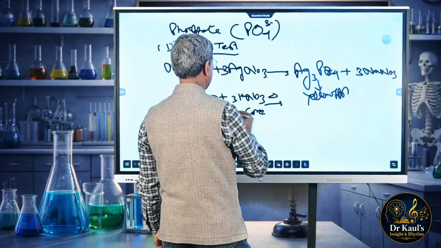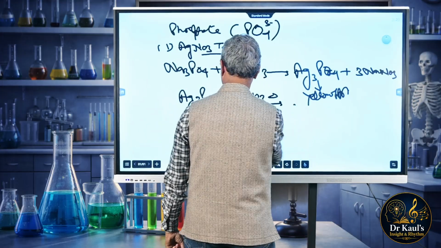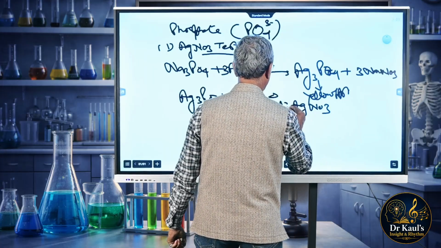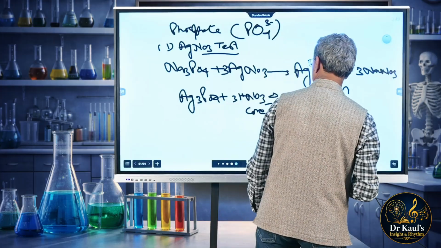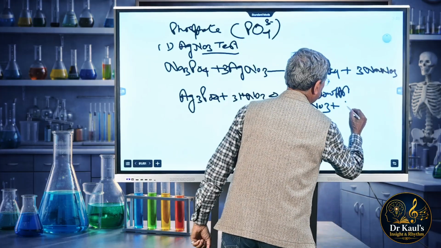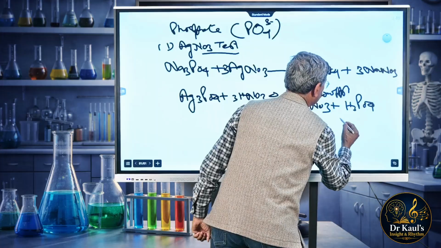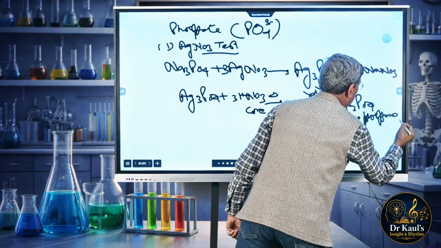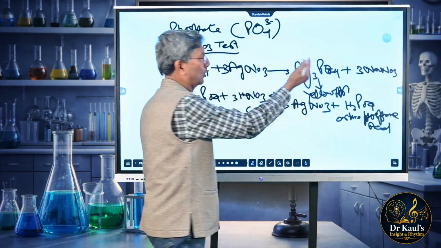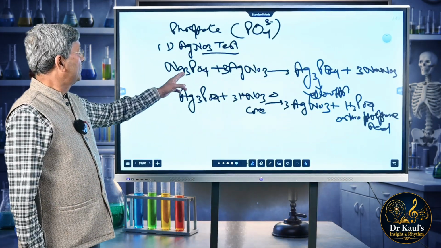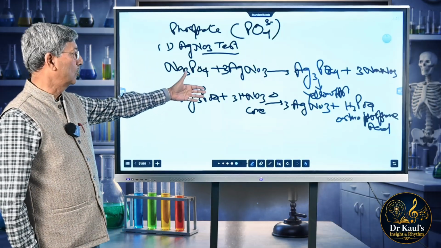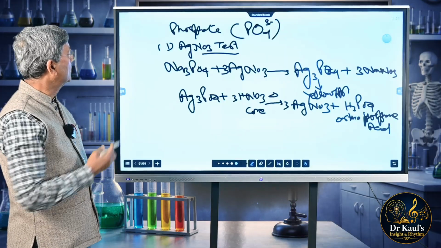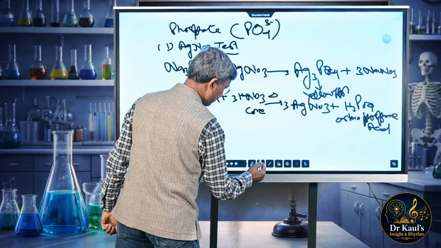We heat it, and we get the formation of 3 molecules of AgNO3, plus, since we have phosphate, we get the formation of H3PO4, which is known as orthophosphoric acid, and both these are soluble in water. So a yellow precipitate with silver nitrate, which is soluble in HNO3 or in ammonium hydroxide, confirms the phosphate. So this was the silver nitrate test.